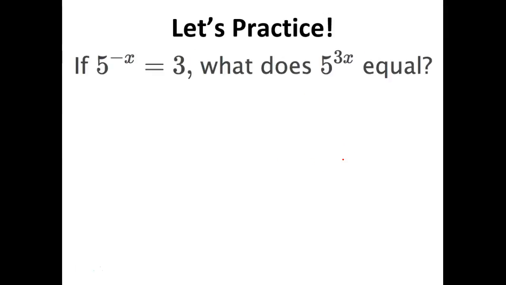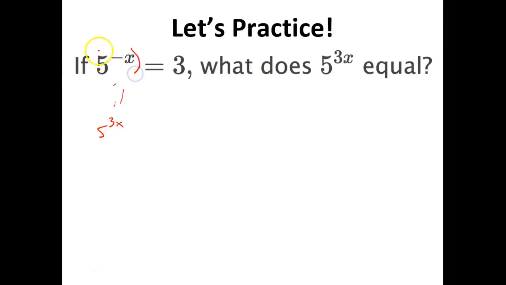Another example, this one's a little bit different, but 5 to the negative x is equal to 3. So here, there's no way we're going to get the same base between 5 and the 3, not without some really messy decimals. But we have 5 to the negative x is equal to 3. So what's going to be 5 to the 3x? Well, how do we get from 5 to the negative x to 5 to the 3x?